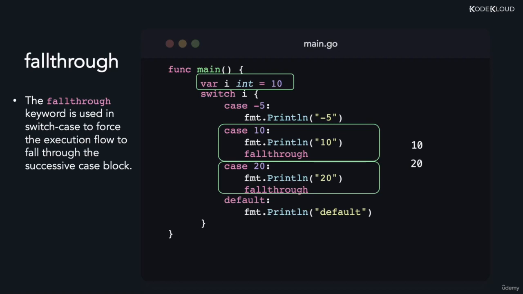But hey, this case block also consists of the keyword fallthrough, and hence we are forced to again fall through to the next case block, which is the default block, and which simply prints default in the output. So this is how the fallthrough keyword works. It keeps on falling through the successive case blocks until we find the default keyword and the entire switch case ends, or until it finds a case which does not consist of the fallthrough keyword.